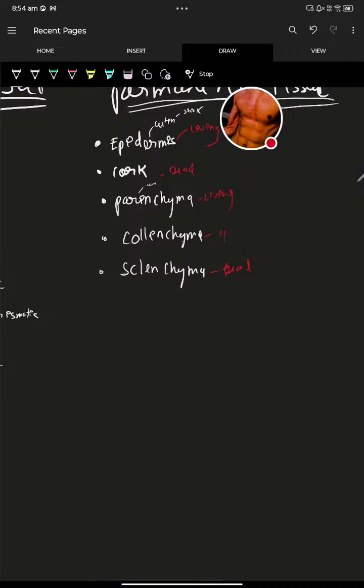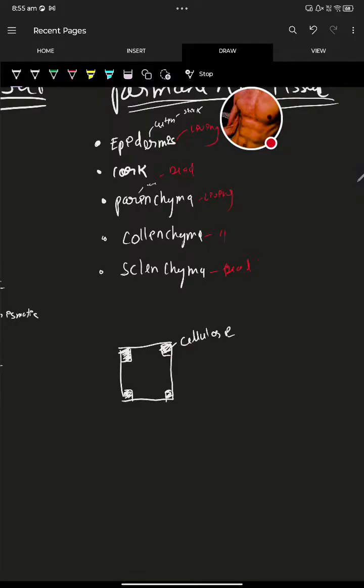So collenchyma, if you want to learn it, is a diagram type thing. Like how in a cell you need thickness in these corners to make it extra rigid. So that's what collenchyma is basically. It provides thickness to the corners of the plant cell. Collenchyma corners have extra deposit of cellulose, and a pectin layer too.